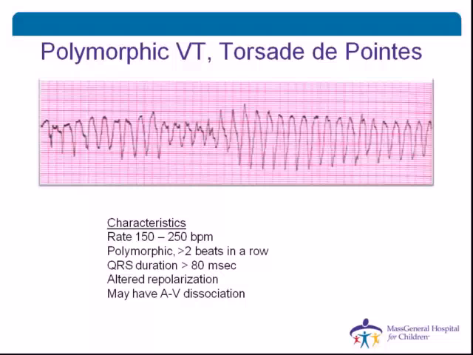Unlike regular ventricular tachycardia, Torsades de pointes is a polymorphic ventricular tachycardia where the appearance of the QRS complex and T waves varies. These patients may also have AV dissociation, can also be in toxidromes and in heritable arrhythmic disorders such as long QT.